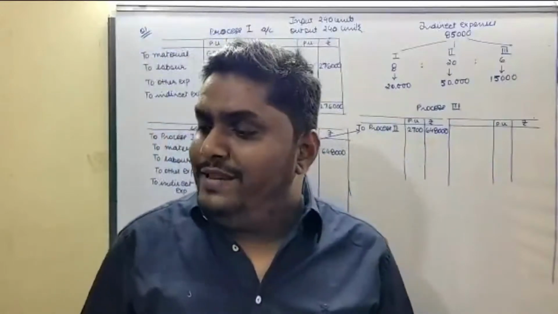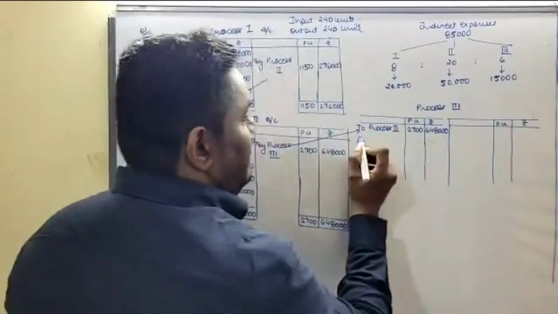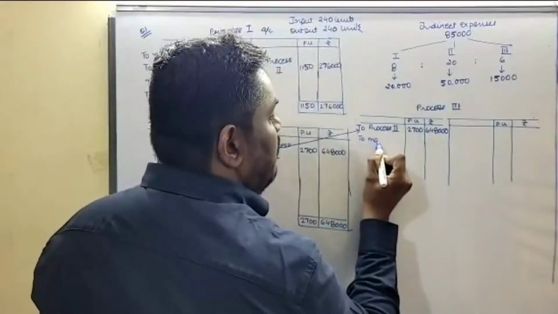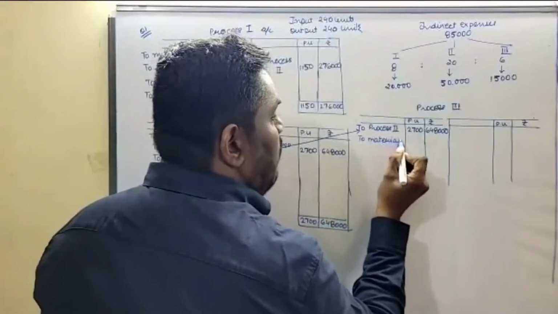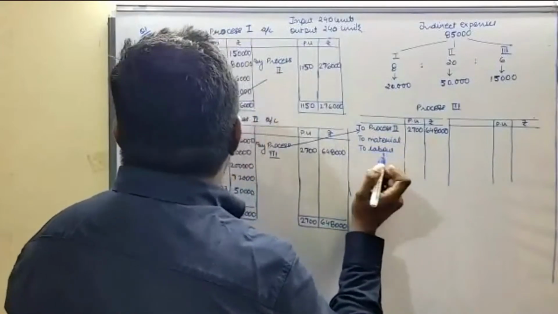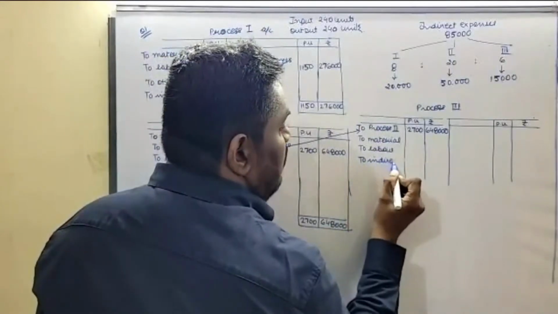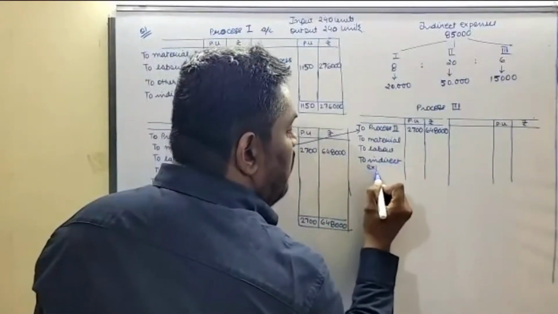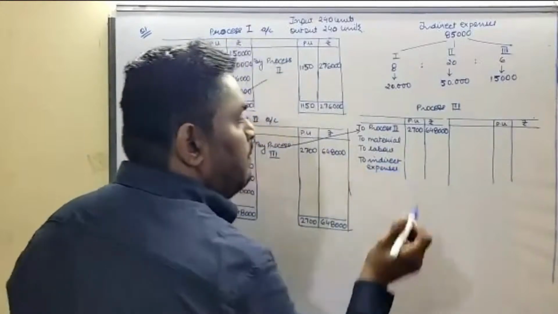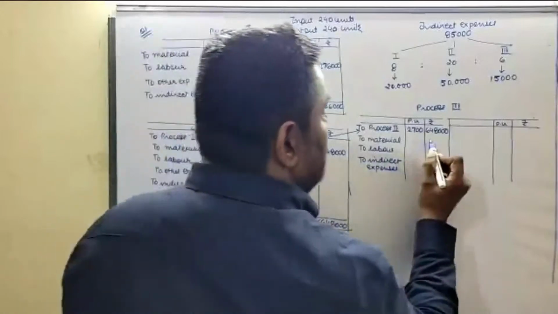Now we'll record all the expenses that are incurred in process third. That is material, labor, indirect expenses. Material cost is 20,000.